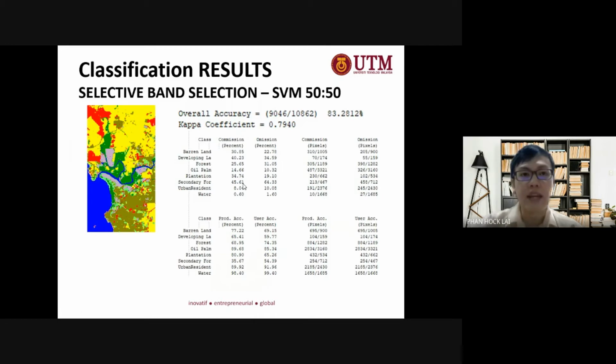Next. This is my classification result using the method of selective band selection. The support vector machine classifier was applied to do the classification. The ratio is 50-50. The result from the accuracy assessment shows an overall accuracy obtained from the method of selective band of 83.28%.